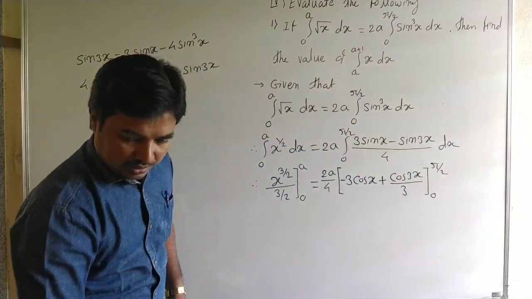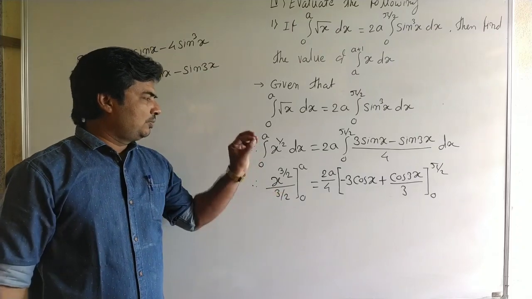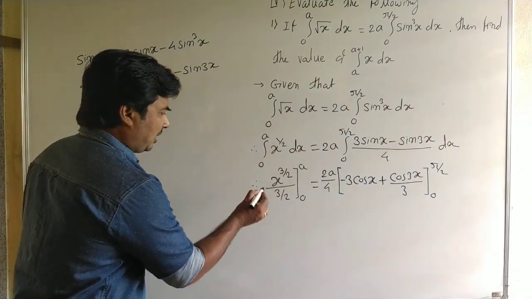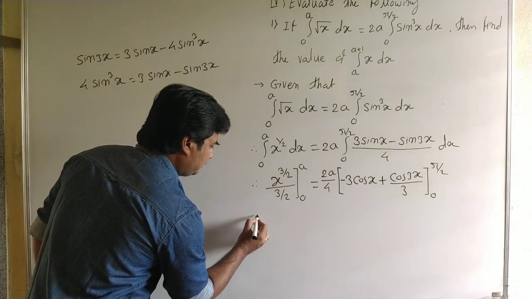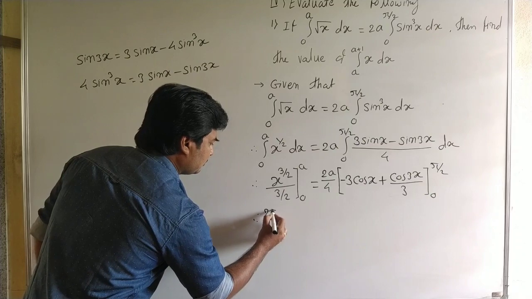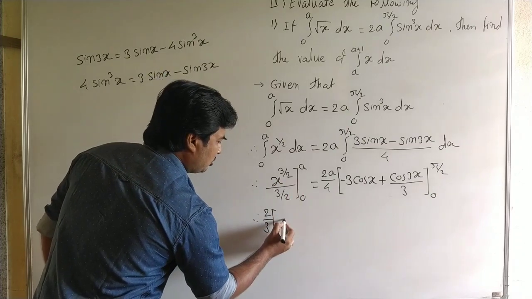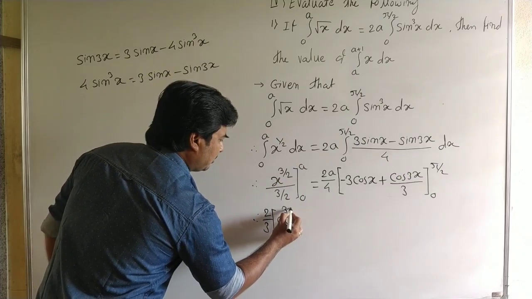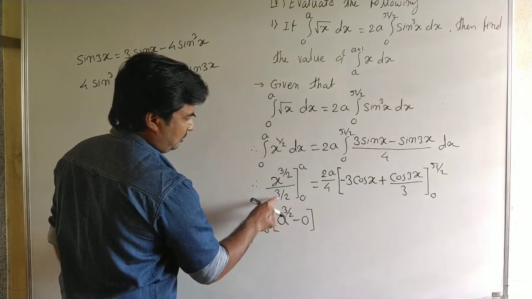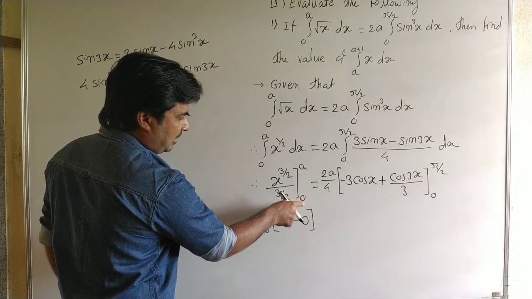Now by the fundamental theorem of integral calculus, put the upper limit and lower limit: upper limit minus lower limit. Again here 3 by 2 is a constant, so we can write it as 2 by 3. Here upper limit minus lower limit: a to the power 3 by 2 minus 0 to the power 3 by 2.